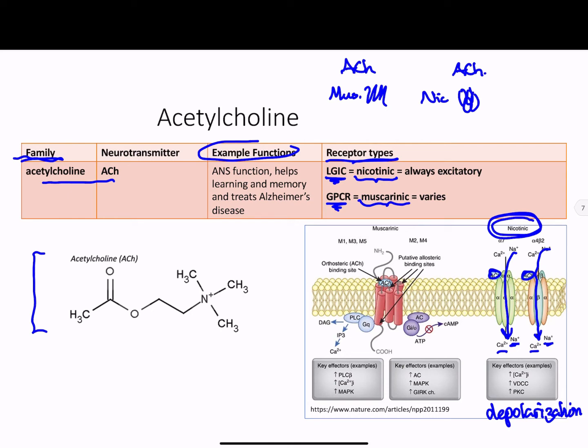The first thing that's going to happen is, yes, you get your depolarization. But if you think about your prereqs and those signal transduction pathways, a lot of things got altered when calcium levels changed. So with one of these nicotinic receptors, you might bring in calcium and sodium, have immediate depolarization, firing an action potential, and then that calcium could act downstream at additional systems and cause changes in how that neuron responds.